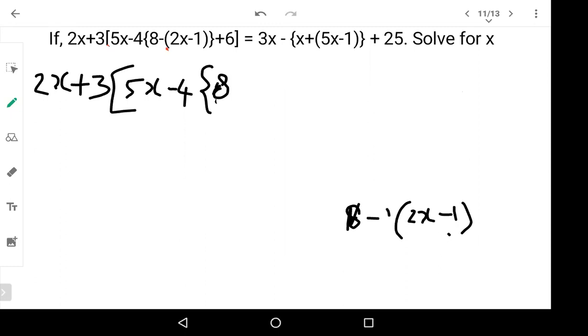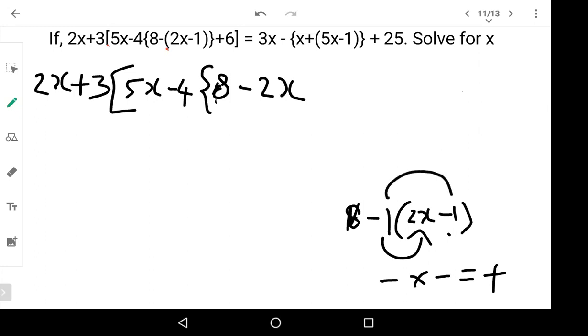So let us consider this as minus 1. Now let us multiply. Minus 1 into 2x will give me minus 2x. Again minus into minus is plus, so minus 1 into minus 1 is nothing but plus 1. Now after this, see the question.